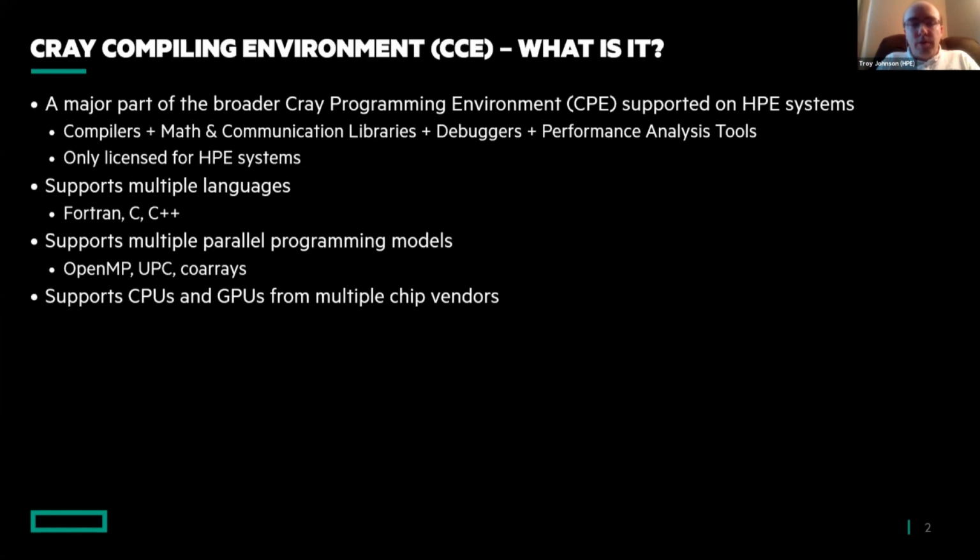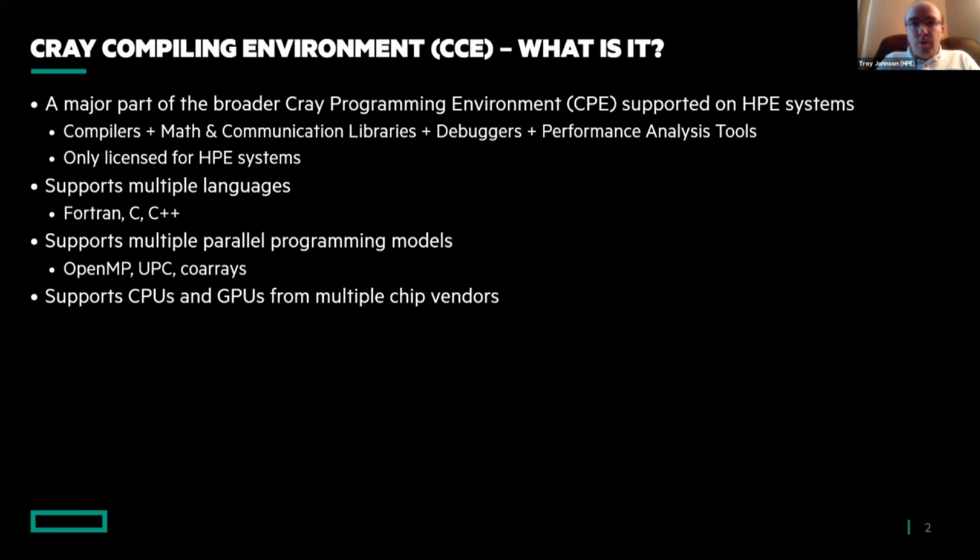This is composed of compilers, math and communication libraries, debuggers, and performance analysis tools. So we try to provide a complete set of programming environment applications for our customers to use. And again, these are only licensed for HPE systems, so we don't sell the programming environment separately for use on, say, your laptop.